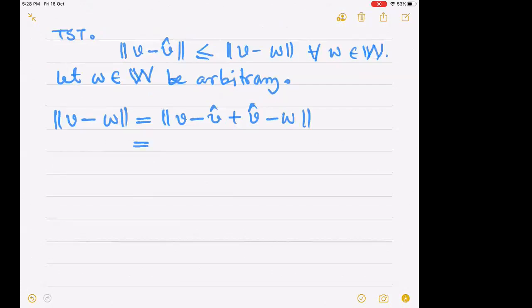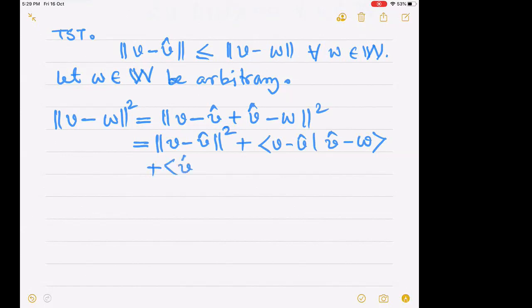By the sesquilinearity property, this is the norm of v minus v hat squared, plus the inner product of v minus v hat with v hat minus w, plus the inner product of v hat minus w with v minus v hat, plus the norm of v hat minus w squared.